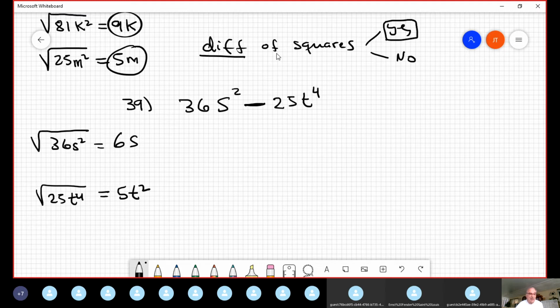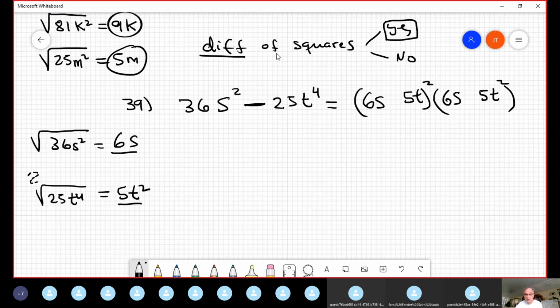Remember, a square root has like an invisible 2 here. This is my A and this is my B in the formula. I know the formula contains two parentheses. In the first I put 6s, 5t², and in the second 6s, 5t², plus or minus.